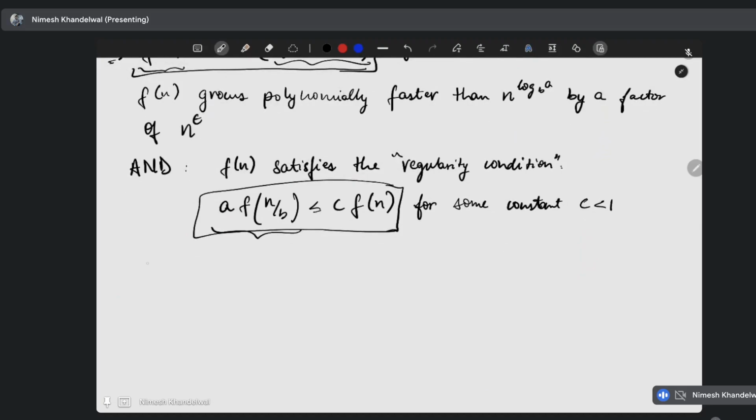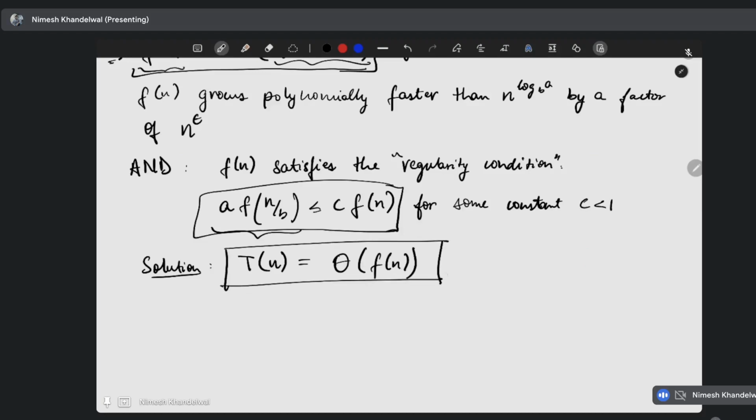So in this case, the solution is basically the algorithm is of the order of f of n, right? So if f of n is growing faster, then of course f of n dominates the runtime of the complete algorithm, right?